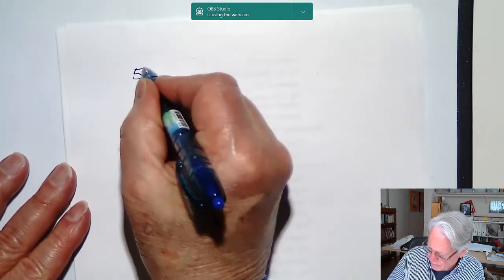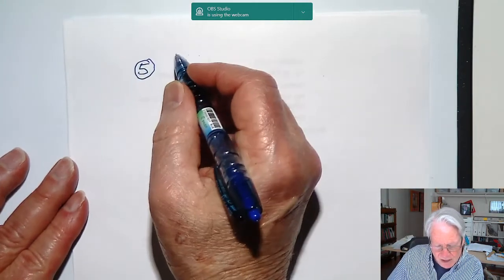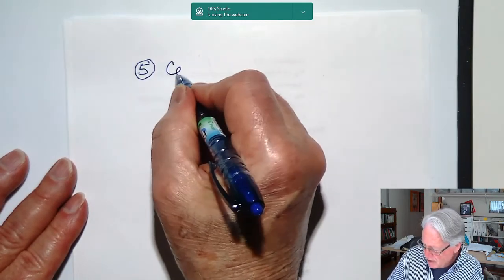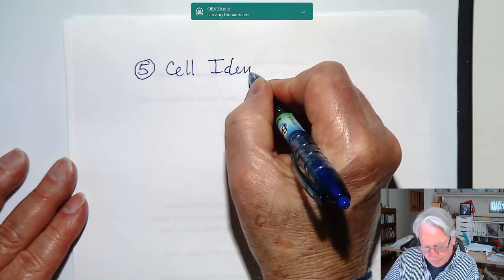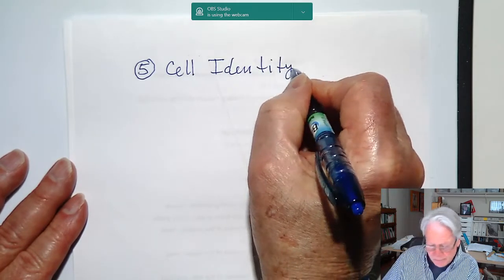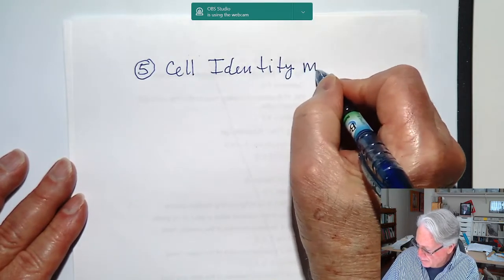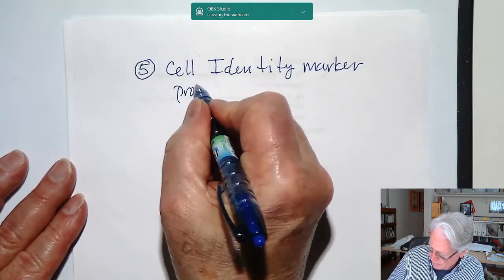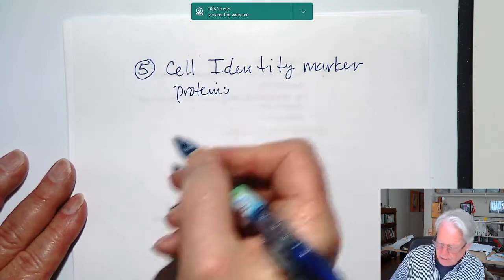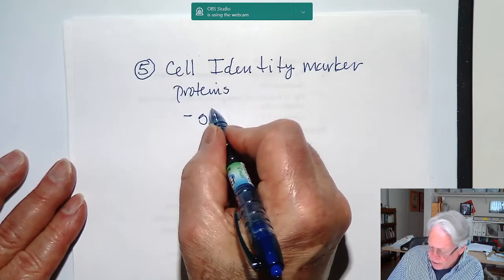A fifth type are cell identity marker proteins. These are the glycoproteins.